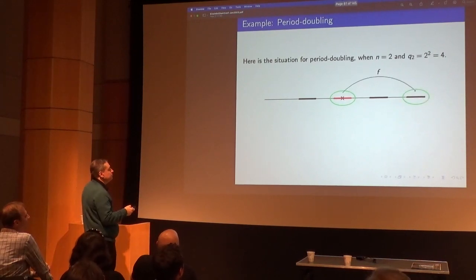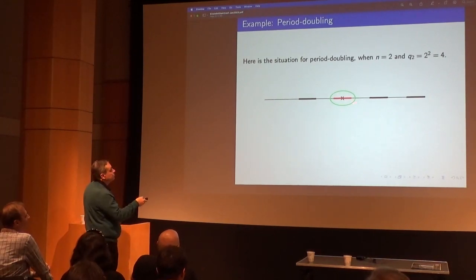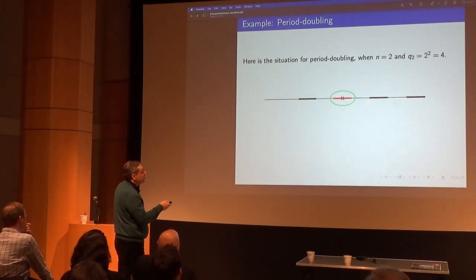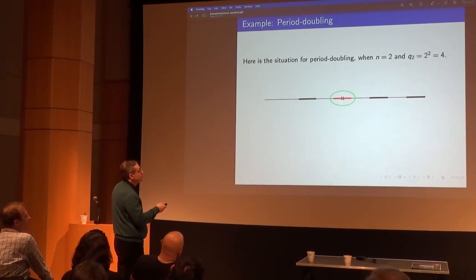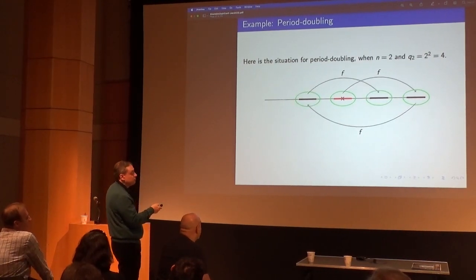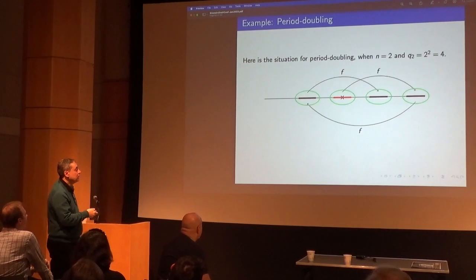And the theorem is saying that you can find a disk around this red interval, which is the interval in that generation that contains a critical point. This disk has size commensurable with the length of this red interval, in such a way that you can iterate this disk and you get 4 other disks around each one of the intervals in the cycle.